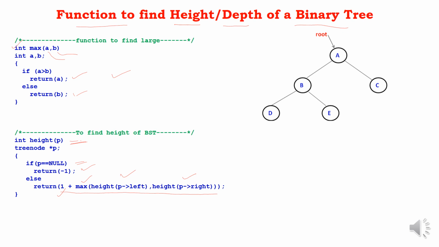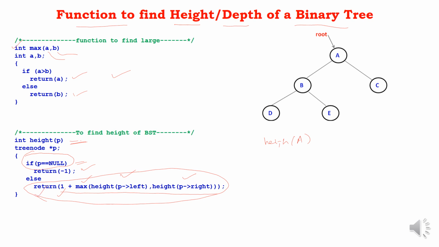The base case is, if it is an empty binary tree, it returns -1. Otherwise, it calls again the same function to find height of binary tree using recursion. Here, suppose if we call height of A, it is not an empty binary tree, it is a non-empty binary tree.